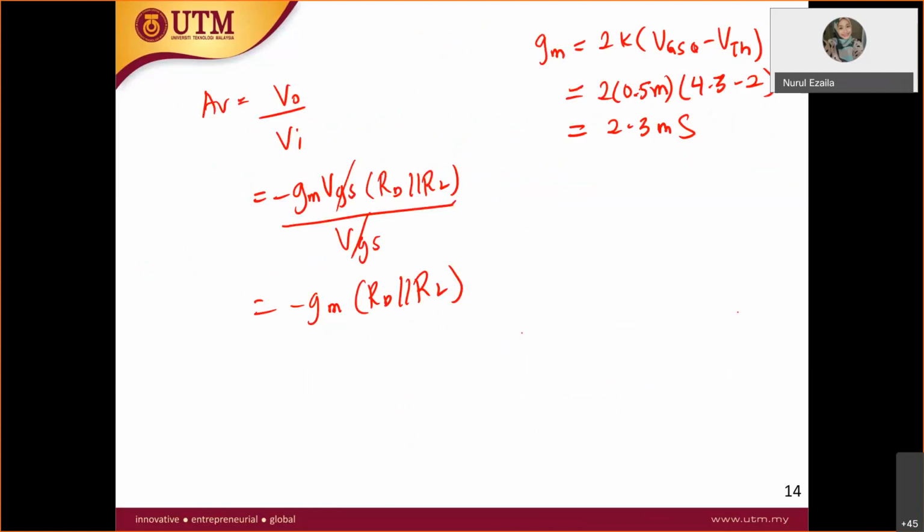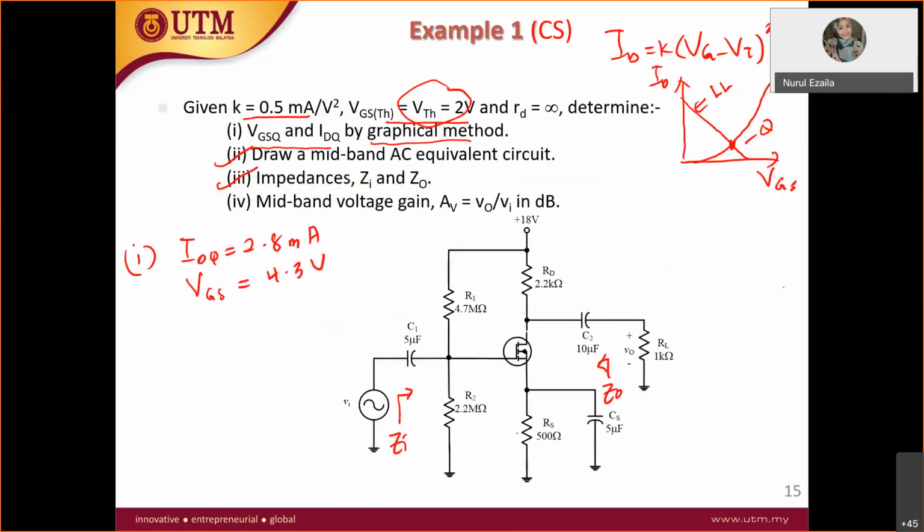For the second one, you can calculate GM by using 2 square root K IDQ. K is given as 0.5 milli, and IDQ is also given as 2.8 milli. If it is not given, you can find it later using the graphical method.